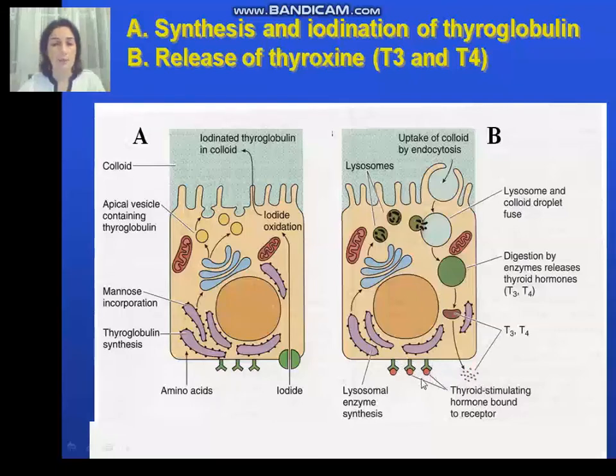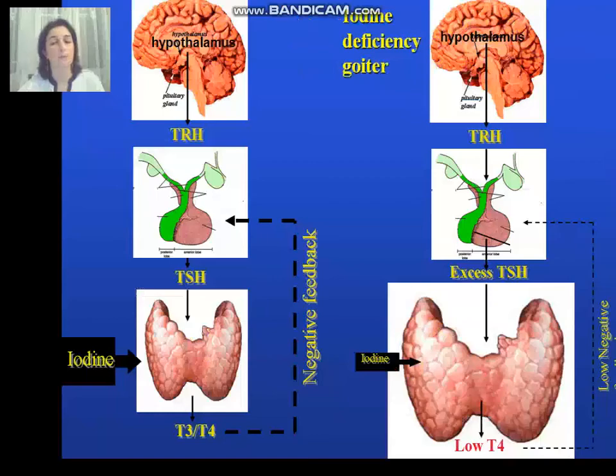Against those receptors the body may produce antibodies which will continuously stimulate these cells, and they will continuously release T3 and T4 into the blood circulation. So the amount of T3 and T4 in blood will be increased, but TSH will be at a normal level in the blood circulation.